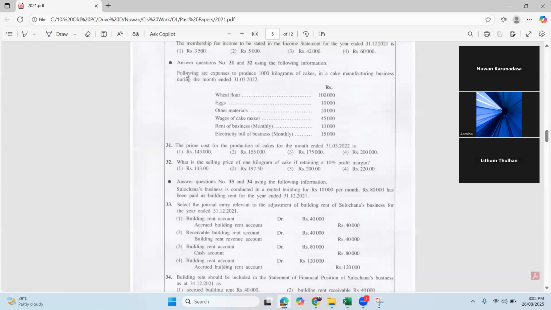See here, the following are expenses to produce 1,000 kilograms of cakes in a cake manufacturing business during the month ended 31st March 2022. They're asking two questions. The prime cost for the production of the cakes for the month ended 31st March 2022. Then, what is the selling price of 1 kilogram of the cake if retaining a 10% profit margin? We'll do this question.